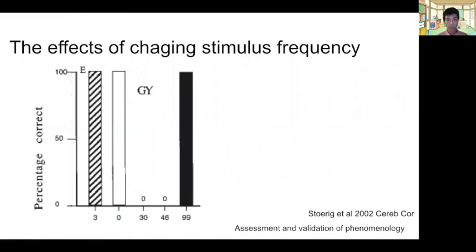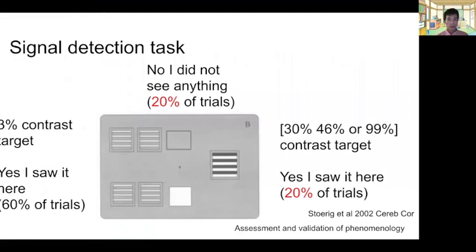All right, next. So they changed the frequency of the presentation to 20% of trials being catch trials, where they didn't show anything. And then instead of 5%, they presented these high contrast stimuli to the blind field in 20% of trials. And then here is what they found.